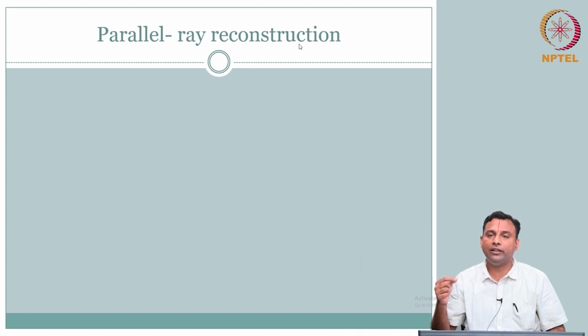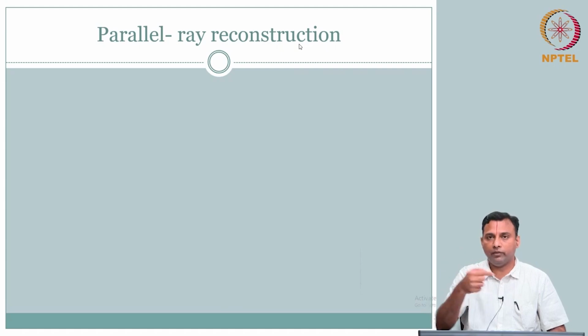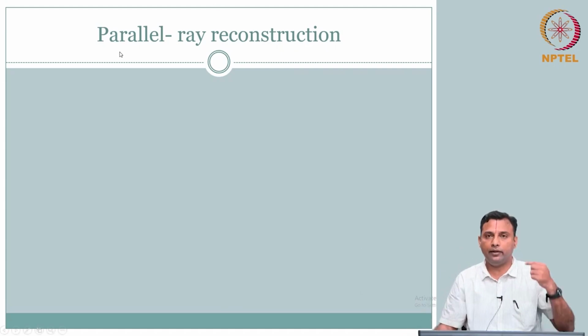Of course in CT we talked about moving and taking it at different angles, same thing. But in essence, we are going to start with simple parallel ray reconstruction, the pencil beam kind of word that we used in first generation.